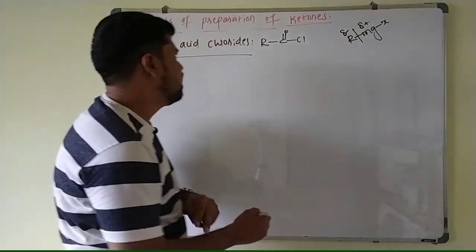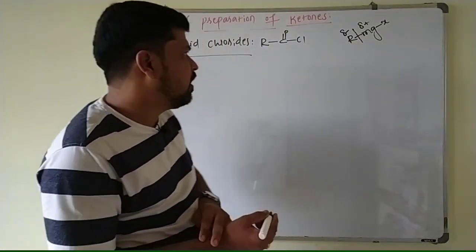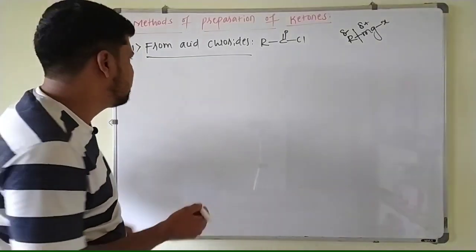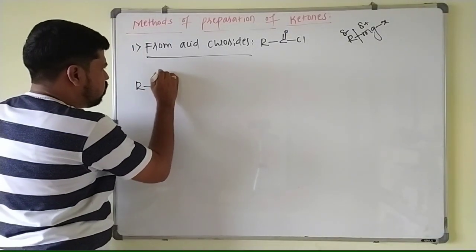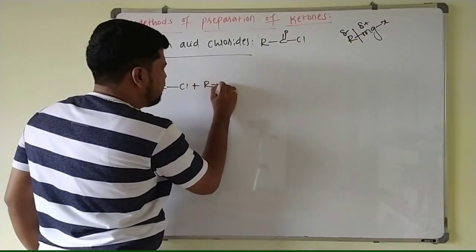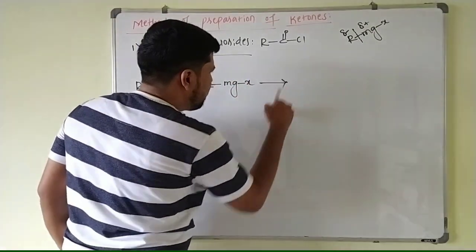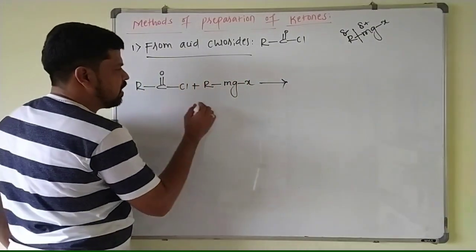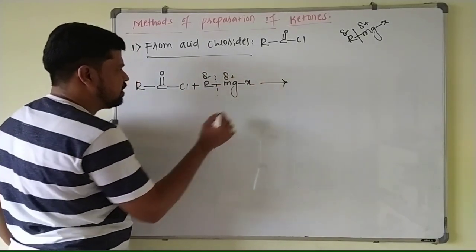These acid chlorides will react with alkyl magnesium halide, nothing but Grignard reagent, to form the ketones. So we will take RCOCl. They will react with the Grignard reagent RMgX to form ketones here. How is this Grignard reagent broken here? This is partial negative, and this will be partial positive.